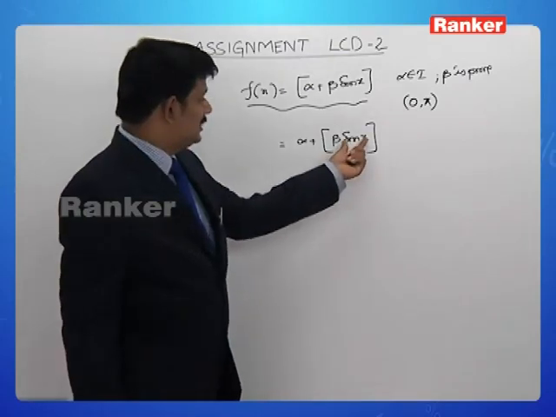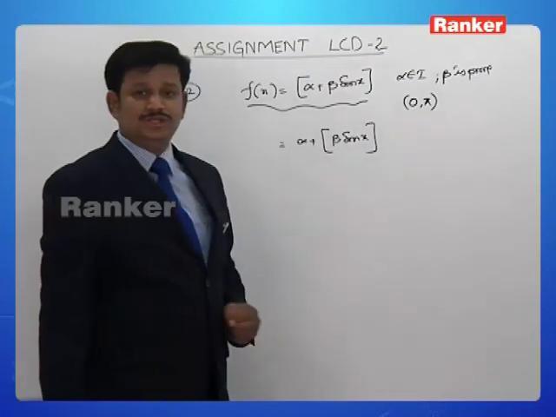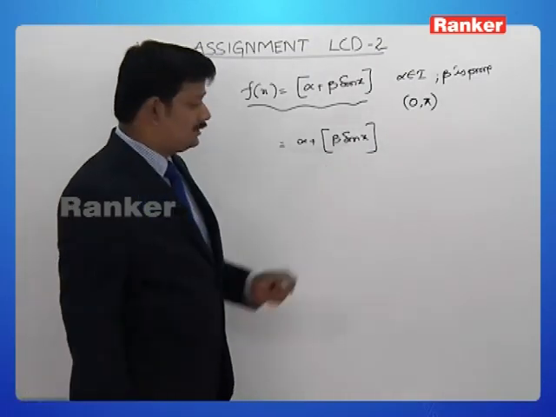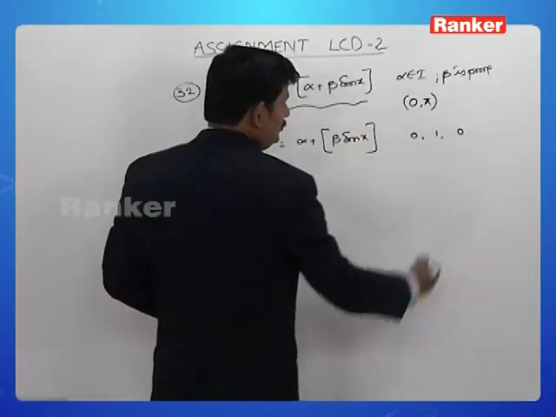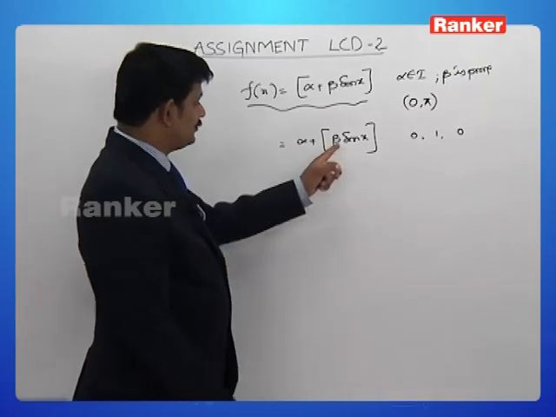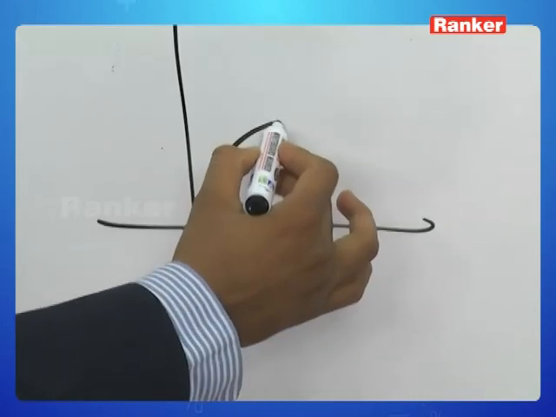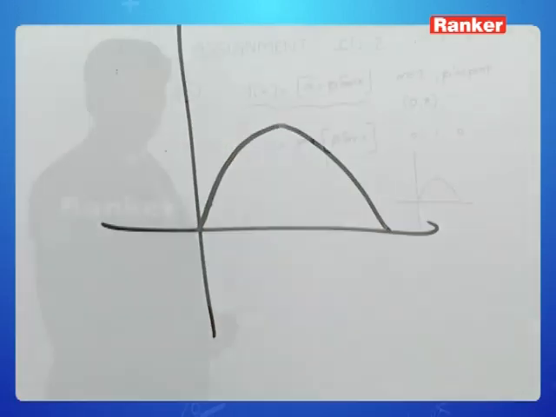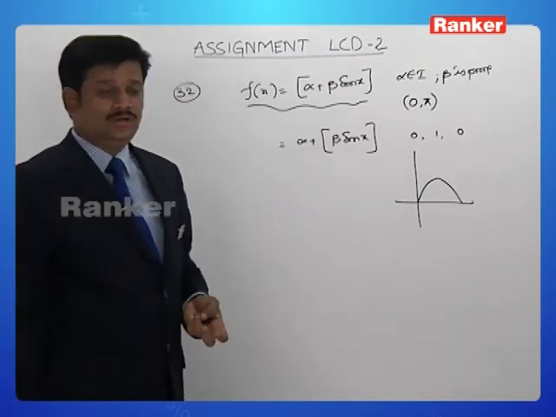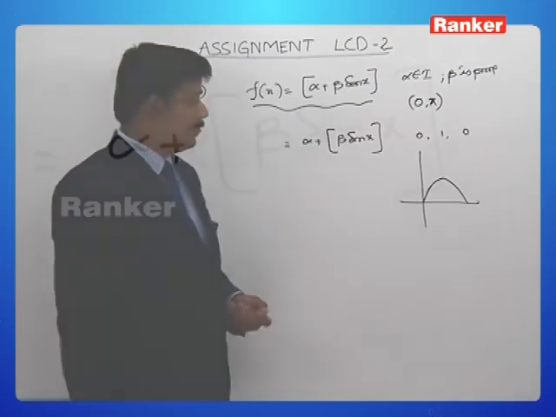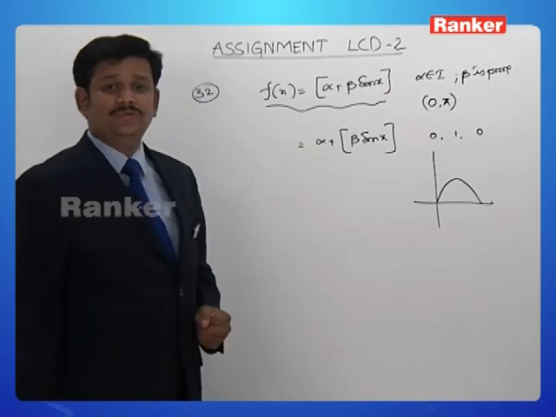We all know sin x is a continuous and differentiable function, and when x varies from 0 to pi, sin x will take values from 0 to 1 and again back to 0. So, let us see when f of x will be non-differentiable as sin x goes from 0 to 1.